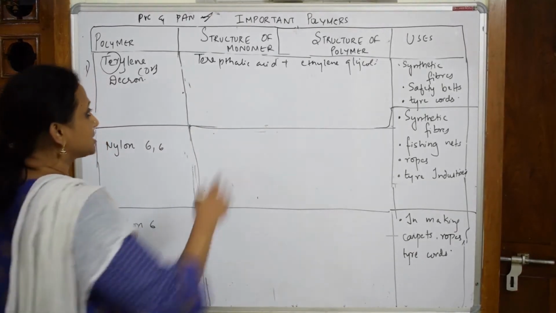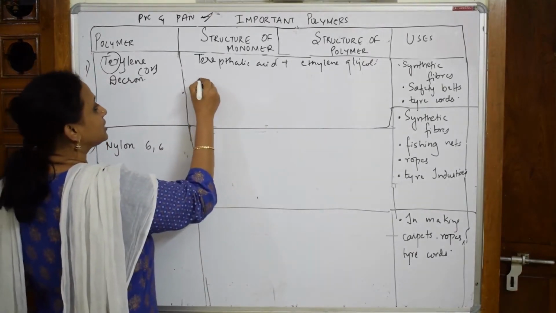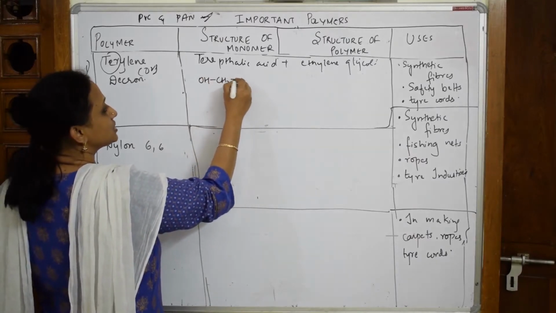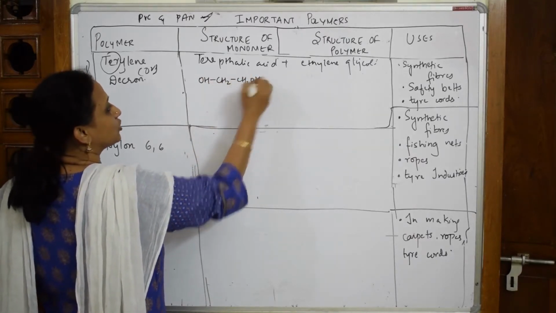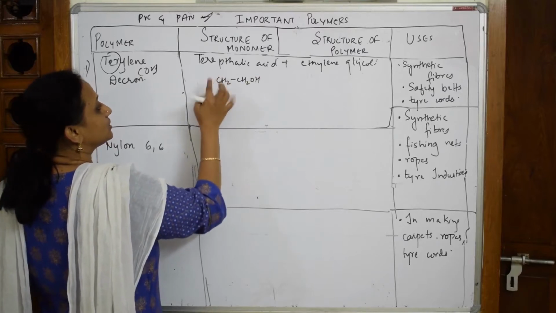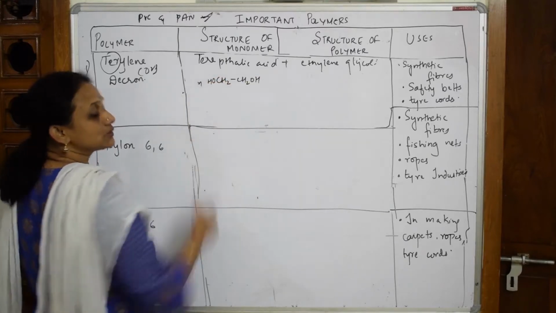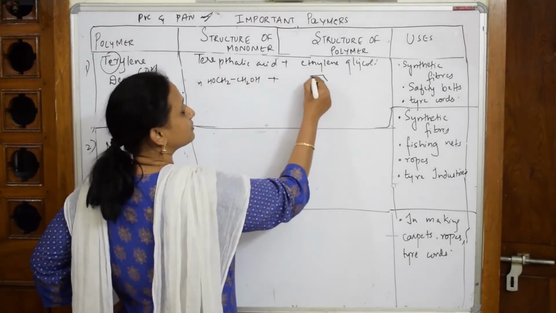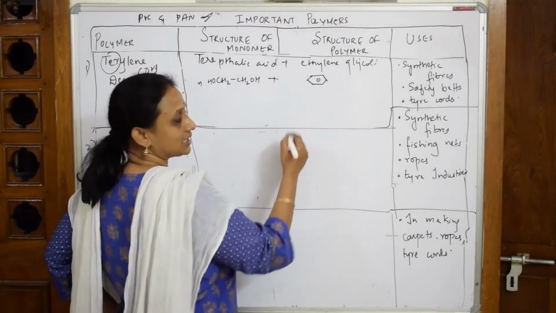See how we are going to condense. I'm going to start with ethylene glycol, OH, CH2, CH2, OH. This is ethylene glycol. Okay, I'll take out this hyphen here, and n moles. I'm going to condense this with terephthalic acid. You have a benzene ring in the center for terephthalic acid.